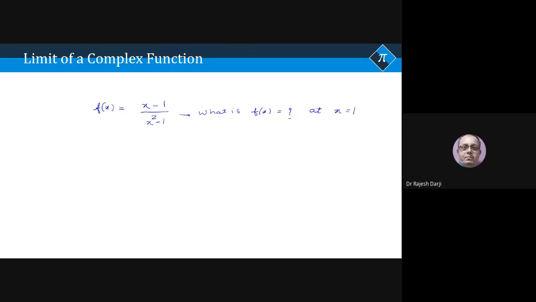Okay, 39 number. Sir, 58, sir. हाँ 50. Yes. x equal to 1 के ऊपर इसकी वैल्यू क्या होगी? Sir, हाँ 58. जियान रंगरेज. सर 0/0 फॉर्म होगा.